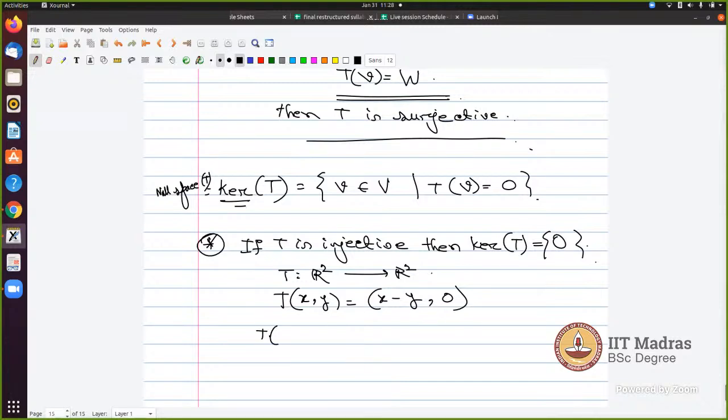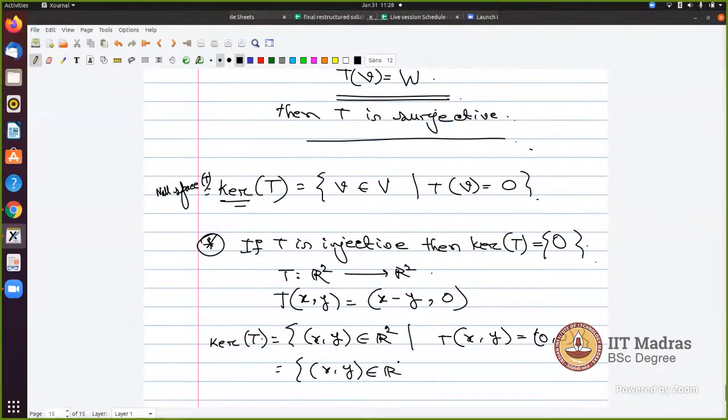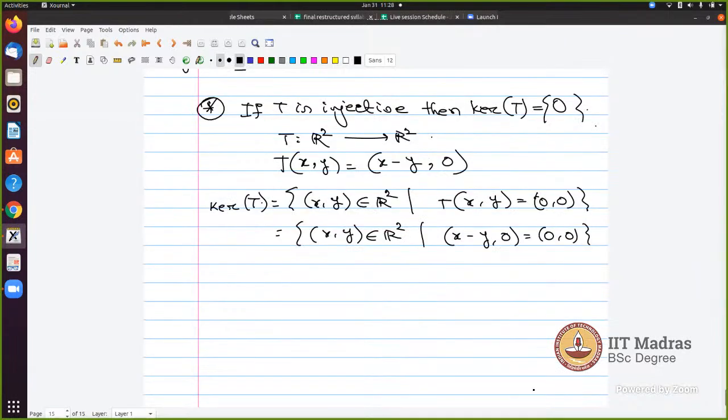So the kernel of T, or null space of T, is all (x, y) in R2 such that T(x, y) is (0, 0). T(x, y) means (x minus y, 0), which is (0, 0).